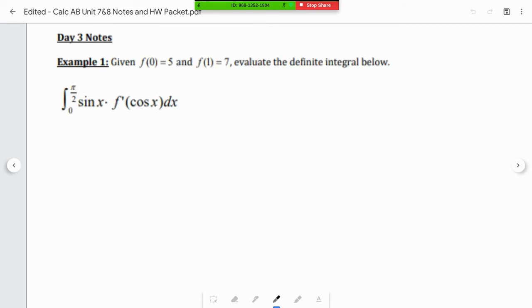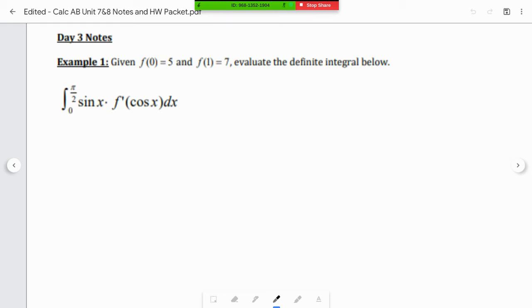So this is giving us something that is a bit different from what we have seen typically, right? It gives us the integral, but notice that inside of that integral, it says f prime, right? So it's not giving us that actual outer function. It's just giving us our inner function, which is cosine, and then this additional function, which is sine.